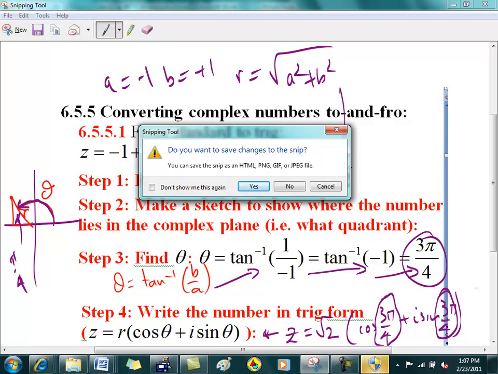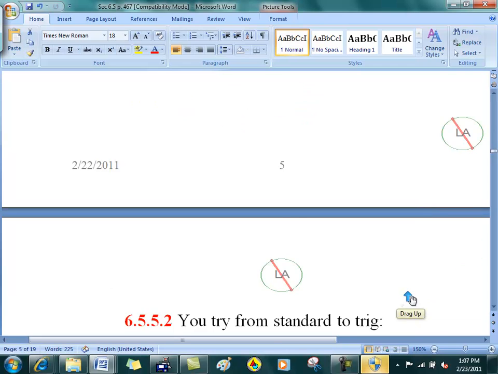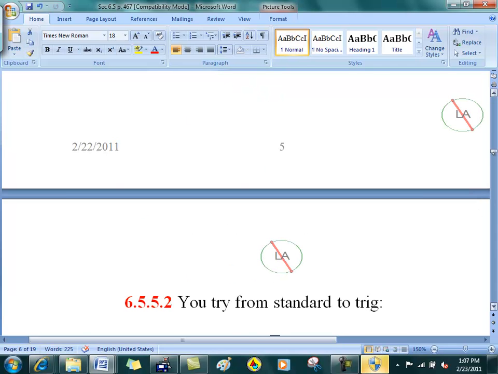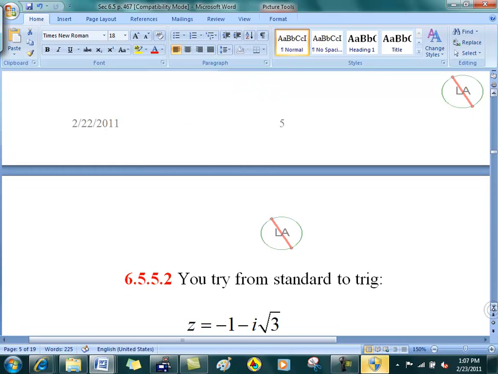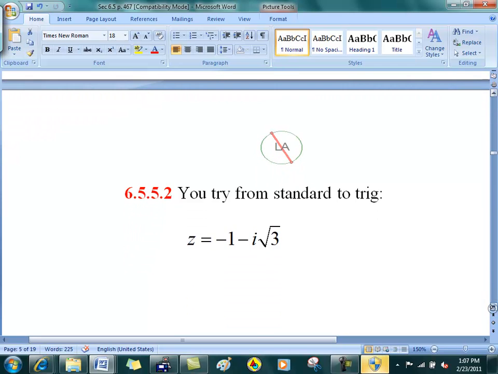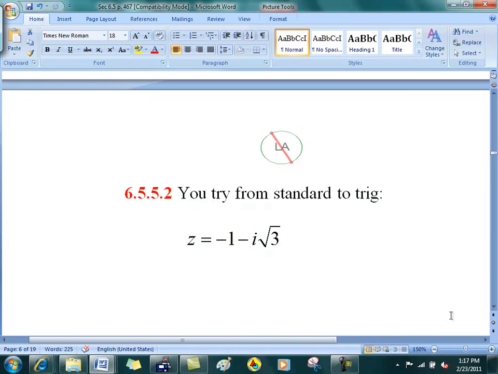So now what I want you to do is follow the recipe and cook me this stuff. Going from standard to trig or polar, you also got to go from polar to standard. Okay, you got to do both ways.